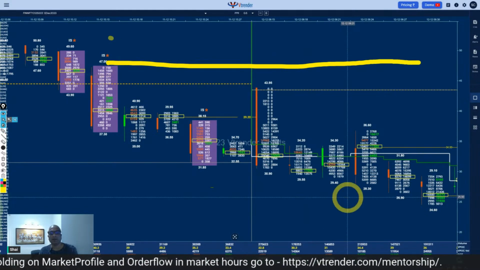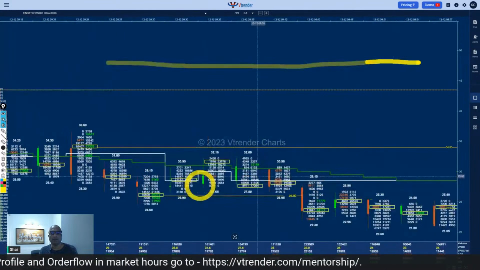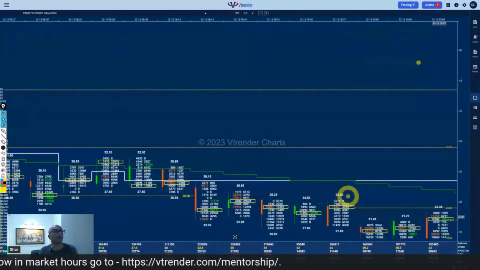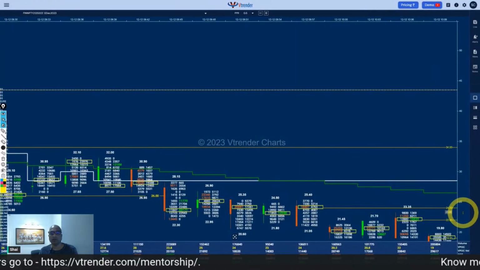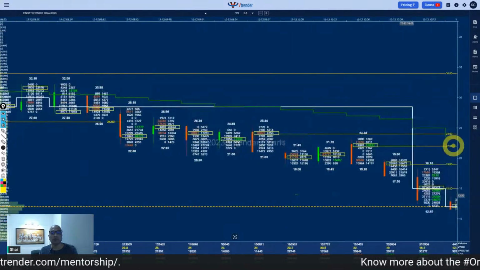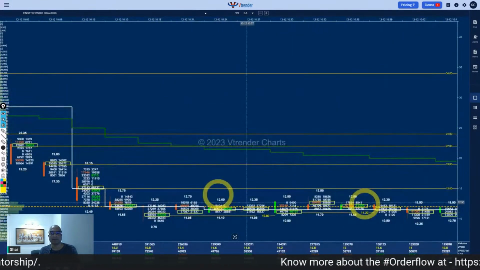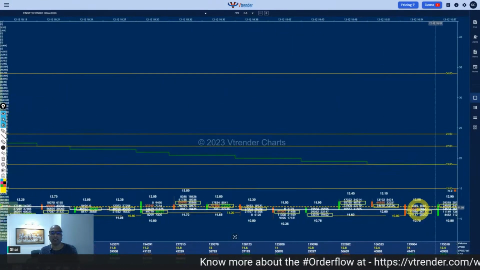And if you go lower, this is 21,250 CE, which kept going down all day. So there was no need of another initiative seller.